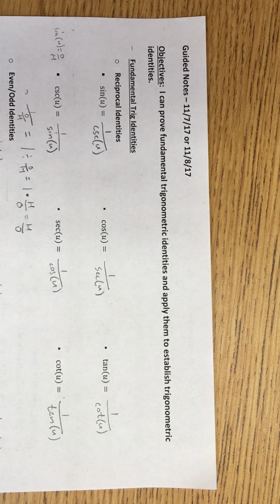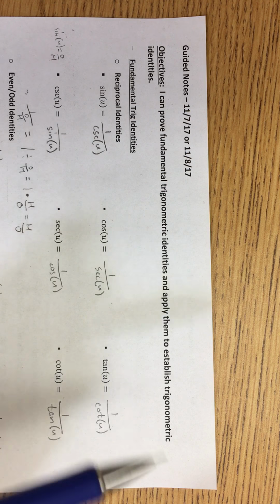So those would be our reciprocal identities for our 6 trig functions. The idea being, if we were to see secant in a problem, what we could do is replace secant with 1 over cosine, because those two things are equivalent.